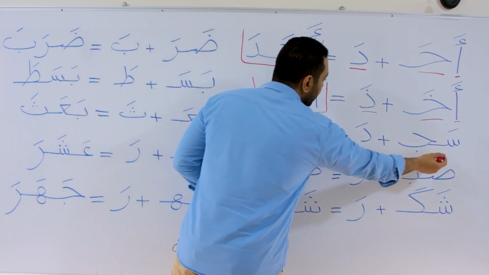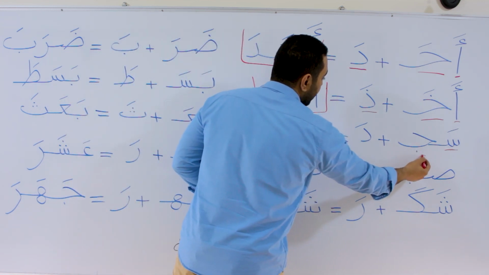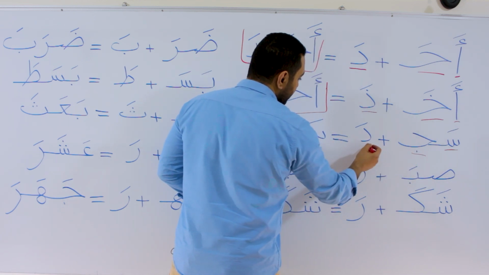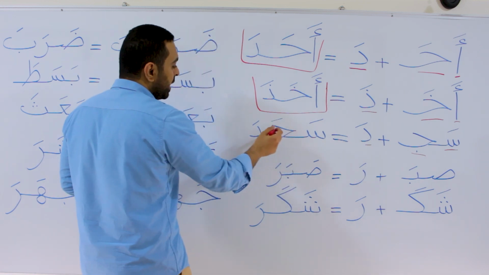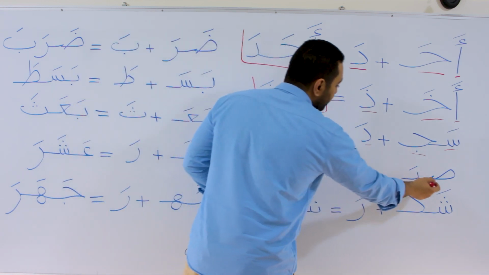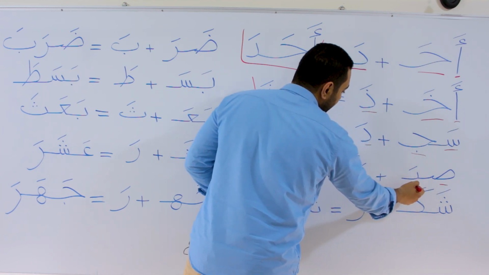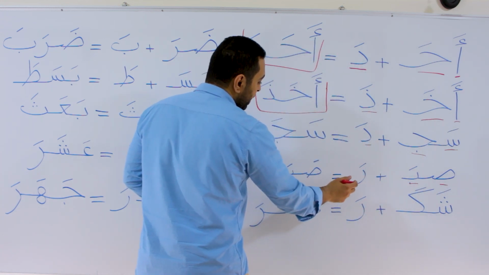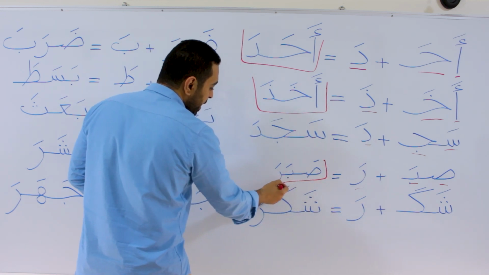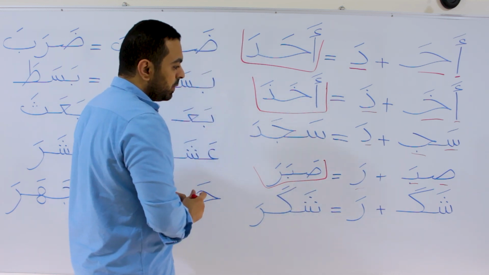If I have sa and ga together, saga. And then da, that will give us sa, ga, da, sagada. Now, if I have sa and then ba, saba, and then ra, that will give us sabara.